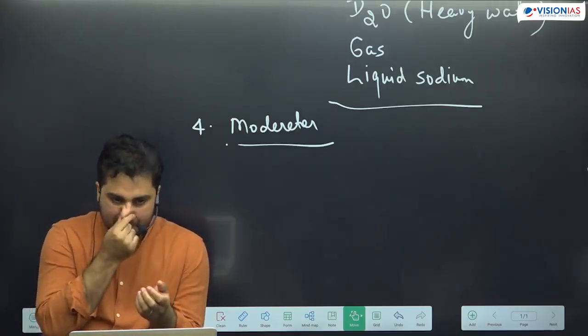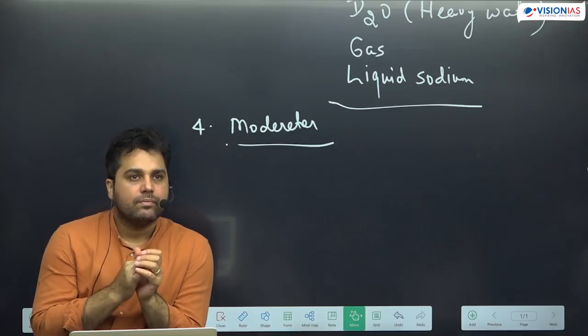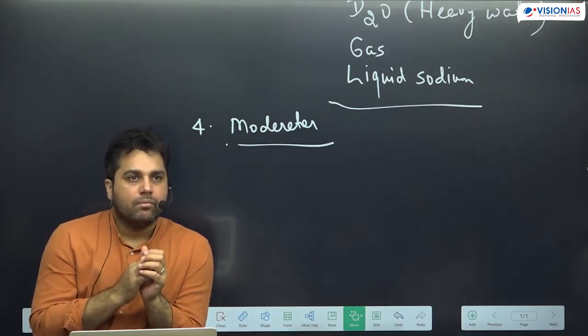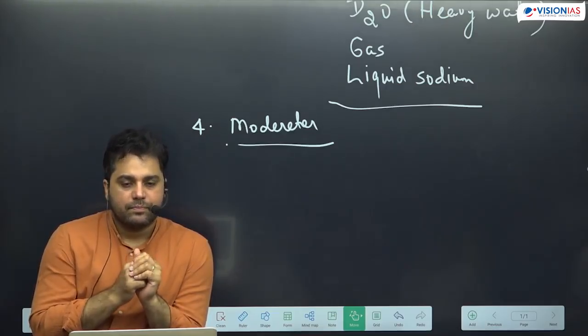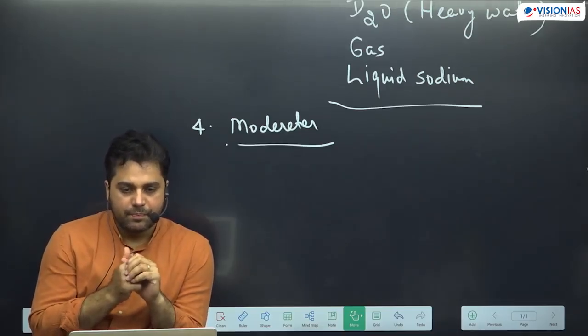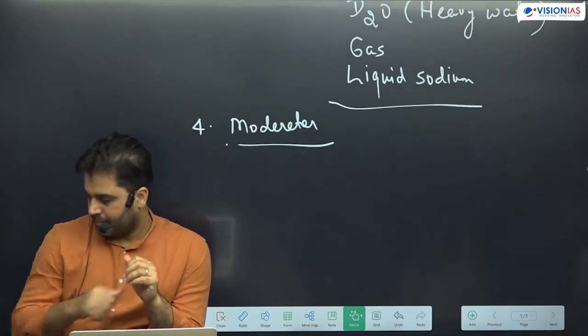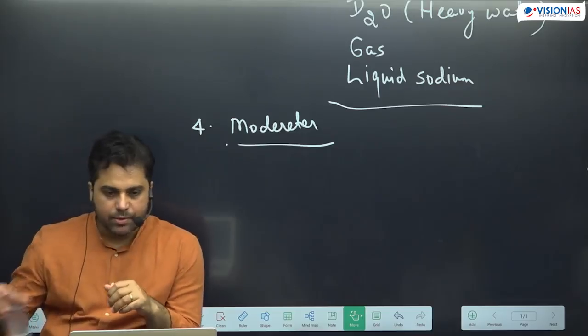आप लिख सकते हो? Moderator is used to slow down fast neutrons produced by fission.